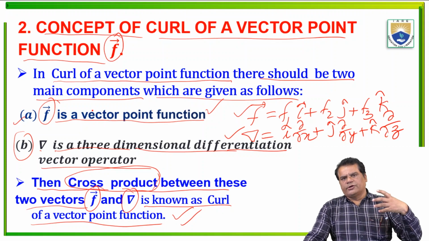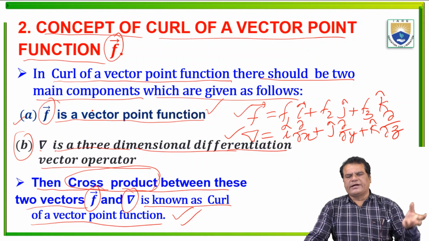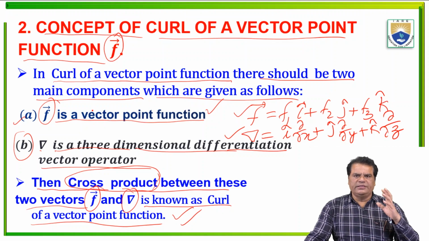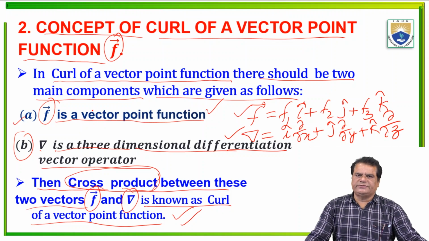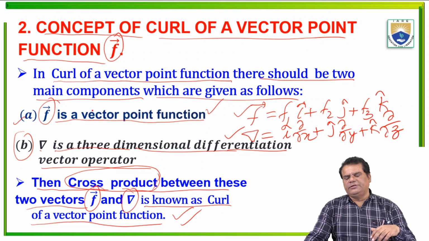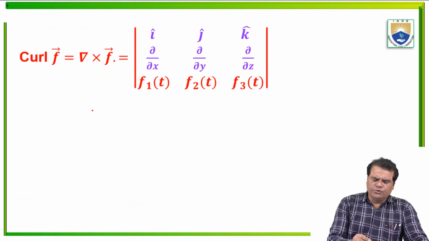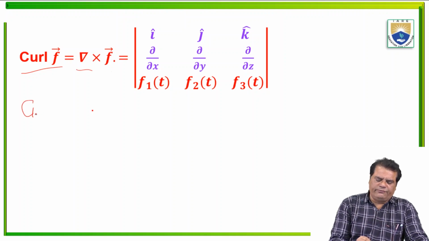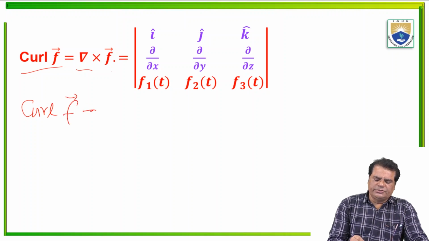If we take the cross product, then this converts into curl. If we take the dot product, then this converts into divergence. But divergence is always a scalar quantity, while curl is always a vector quantity. So now curl f is represented by del cross f.